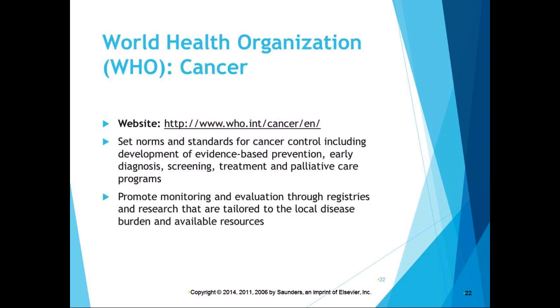The World Health Organization has a cancer division that sets norms and standards for cancer control, including development of evidence-based prevention, early diagnosis, screening, treatment, and palliative care programs. They promote monitoring and evaluation through registries and research that are tailored to the local disease burden and available resources in different areas of the world.